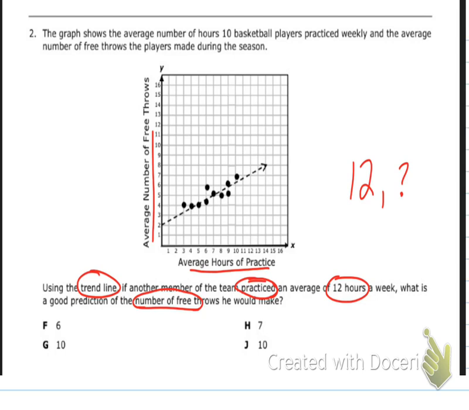Now, this problem turns out to be really nice and easy, because I have 12 practice hours. I have the X value of 12 in my graph. So here's where X is 12 and my Y value is somewhere right there. It looks like it's 7, so I'm not too confused about that.